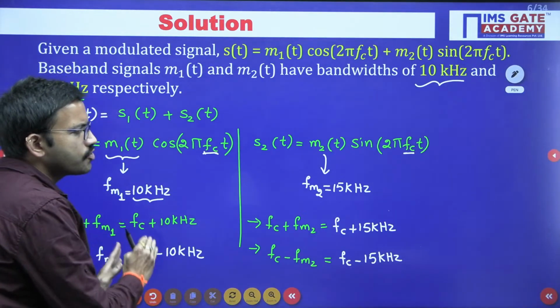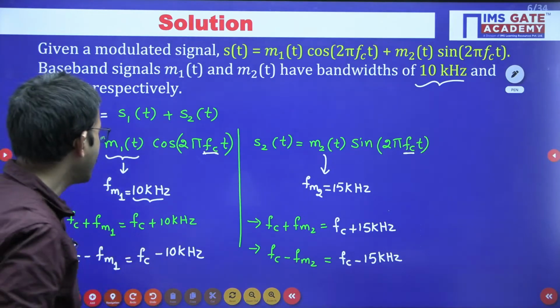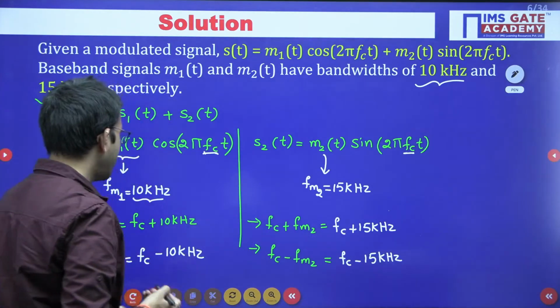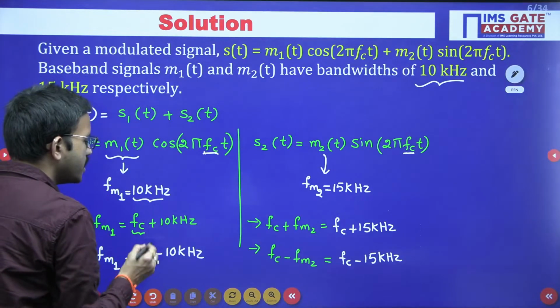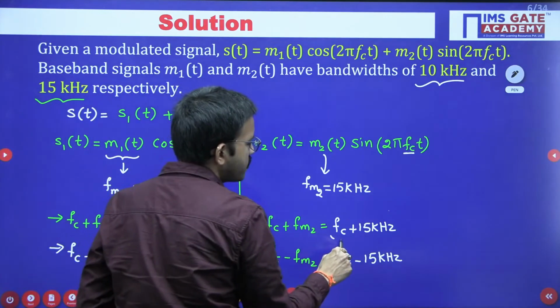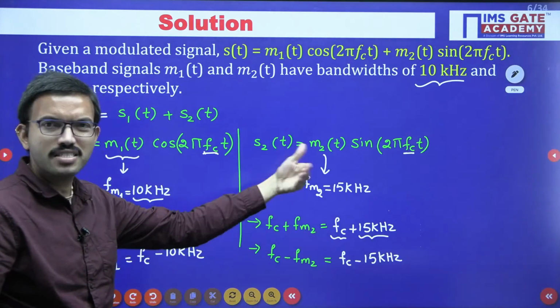First of all, if you want to know which one is the maximum, you have to observe the addition. Here from FC you are adding 10K, but here you are adding 15K. So when compared to 10K, 15K is larger, right?